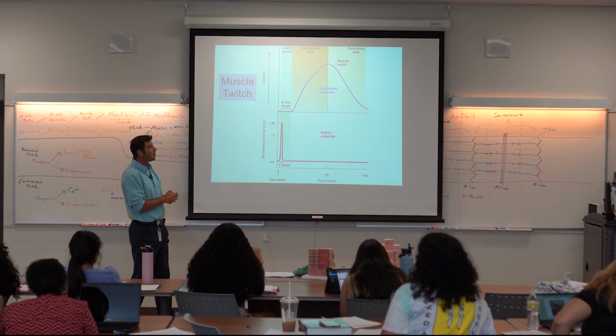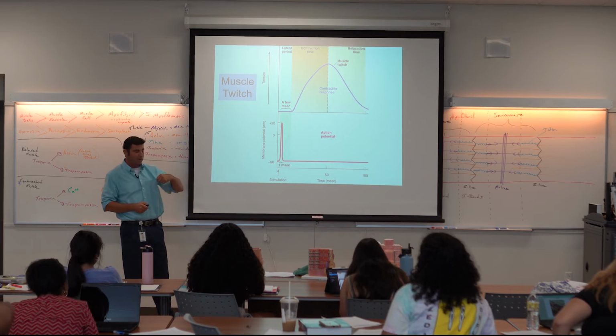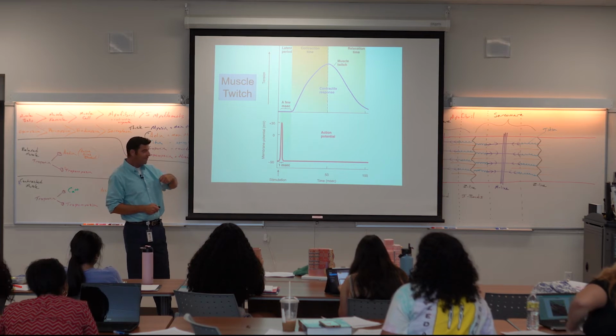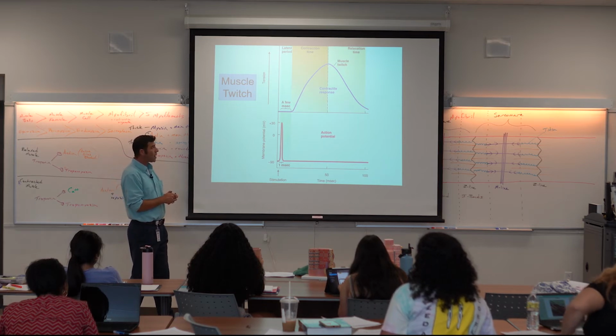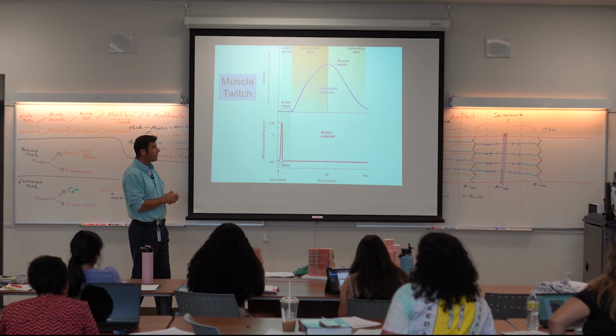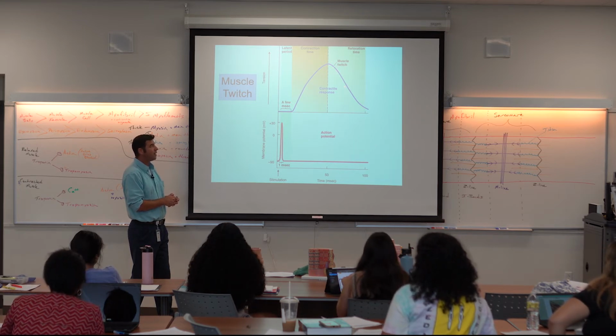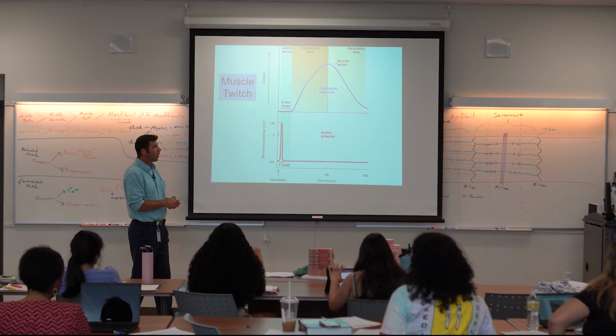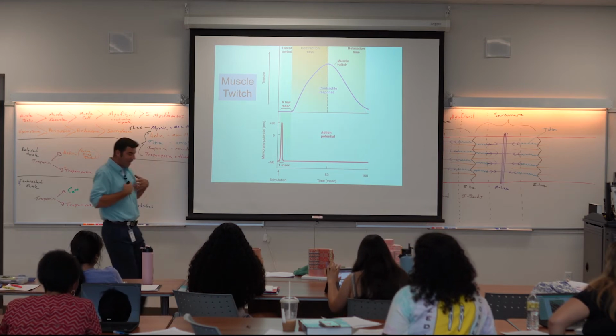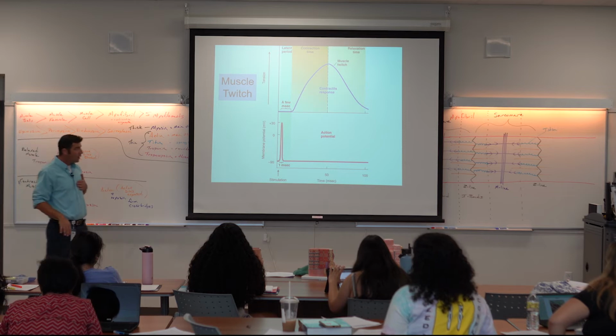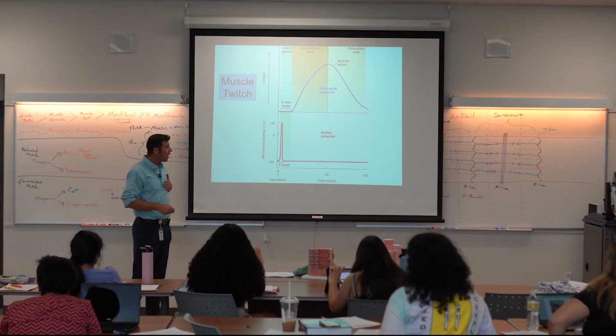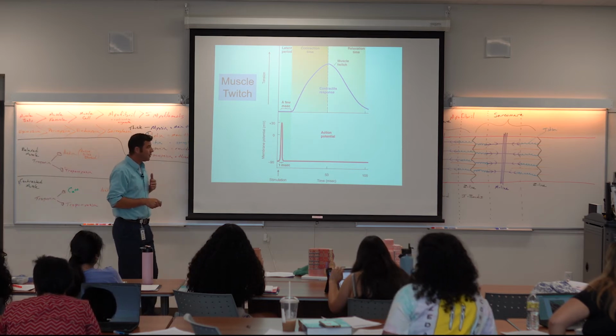With the maximum number of calcium ions, we get the maximum number of exposed active sites and the stronger contraction. As this relaxation is occurring, what's basically occurring is the reduction in free calcium ions in the sarcoplasm. When all of those calcium ions have been put back into the sarcoplasmic reticulum, then all of those active sites are covered back up and we've got a completely relaxed muscle.